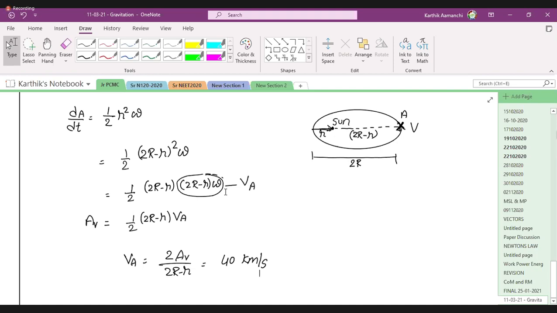Somebody asked a question: the whole 2r over here, is it the semi-major axis or only r?